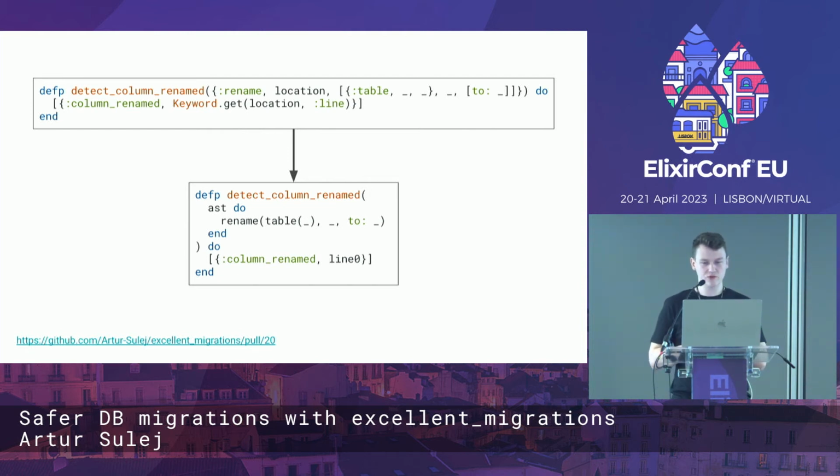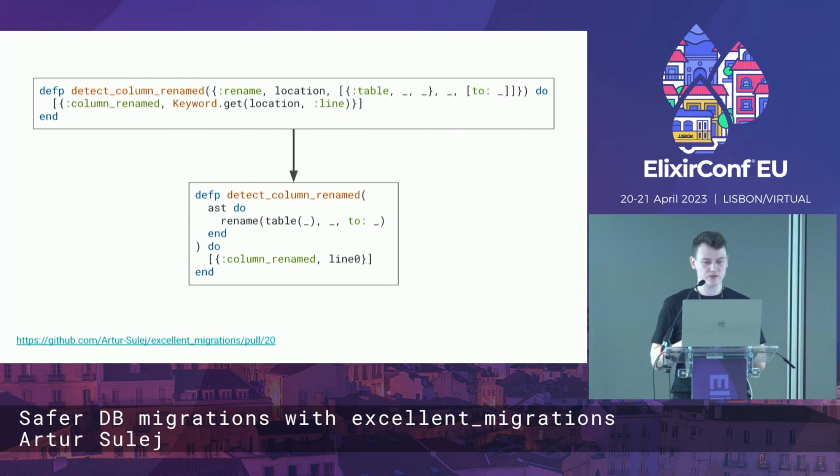And here I would like to share a little experiment that I made. I thought that this matching of AST parts is not really human readable. It's pretty hard to reason about.